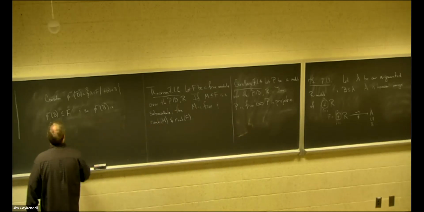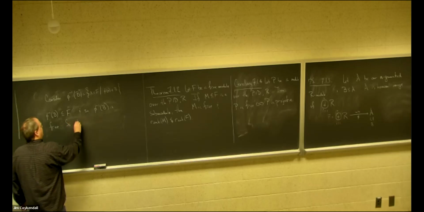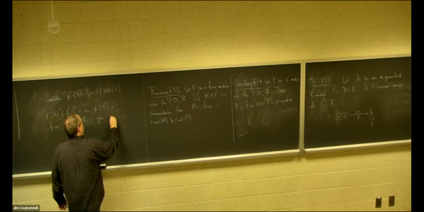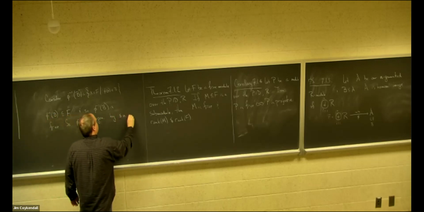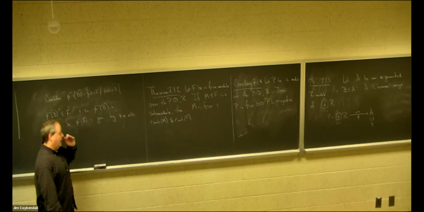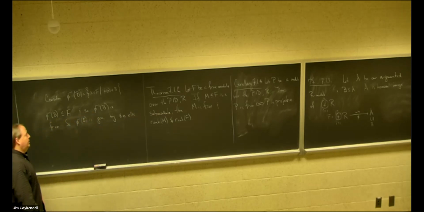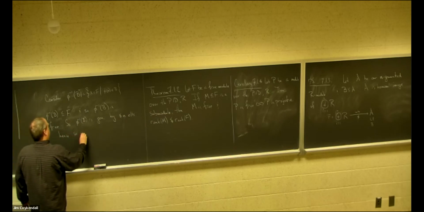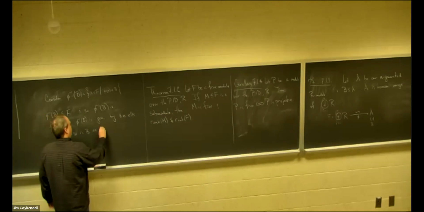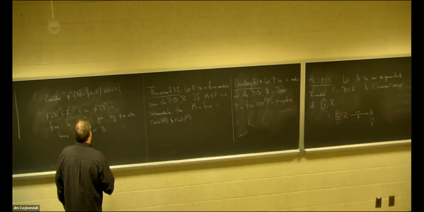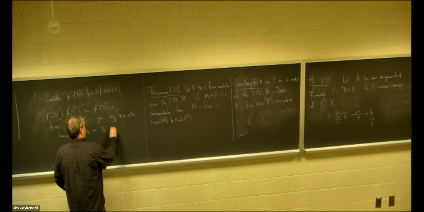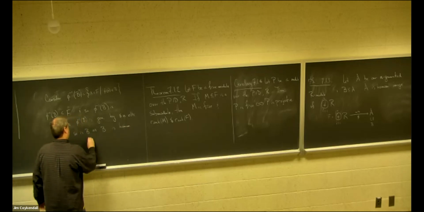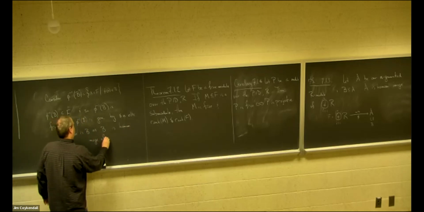Note that P inverse B is generated by less than or equal to n elements, again by theorem 712. Hence, so is B, as B is a homomorphic image of the inverse.